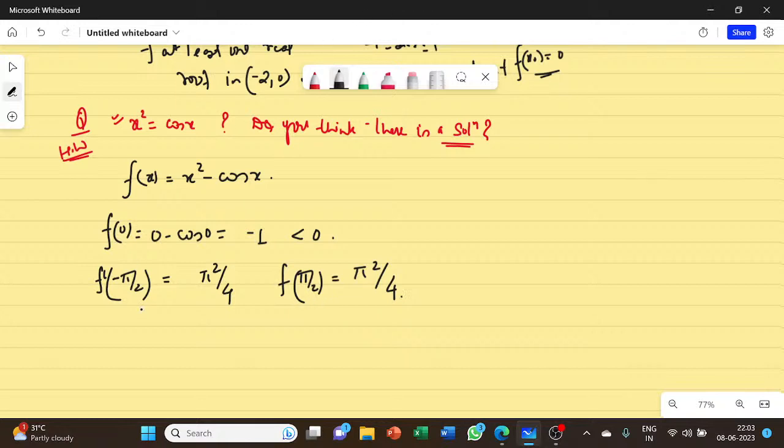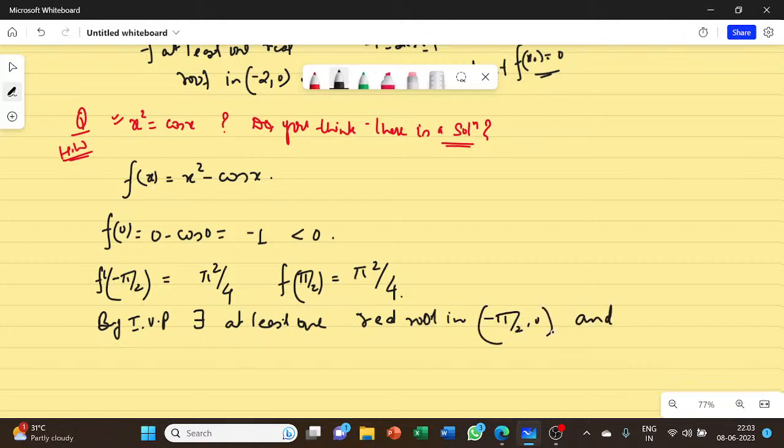So by the intermediate value property, there exists at least one real root in minus pi by 2 comma 0, and at least one real root in 0 comma pi by 2. Why?